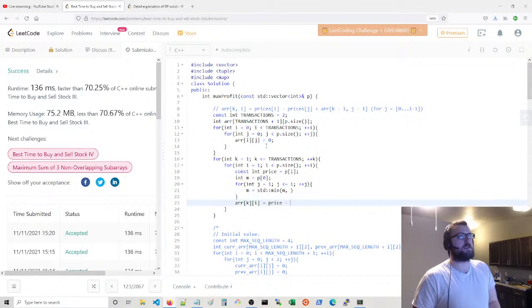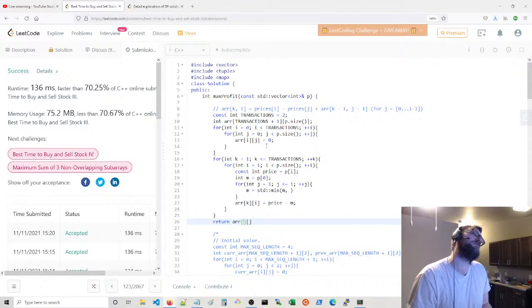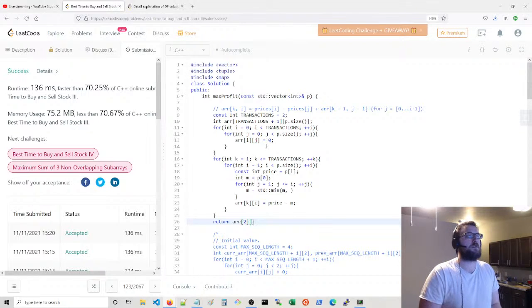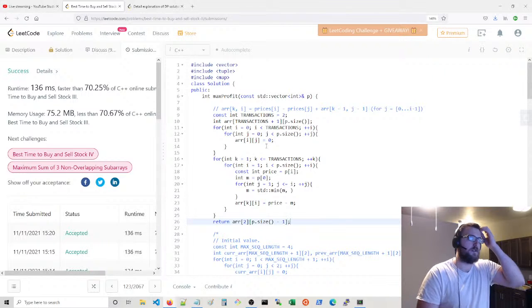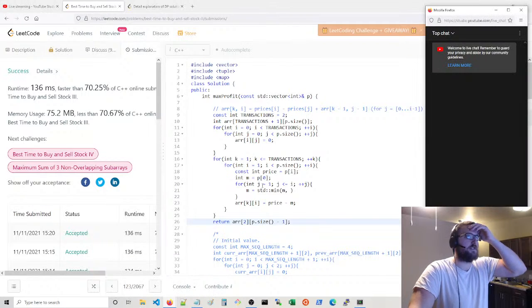We're going to minimize m. Minus m, more or less minus m. And from here, we can return array of 2, and I is p.size minus 1. Right? So, yeah. So that's the idea.